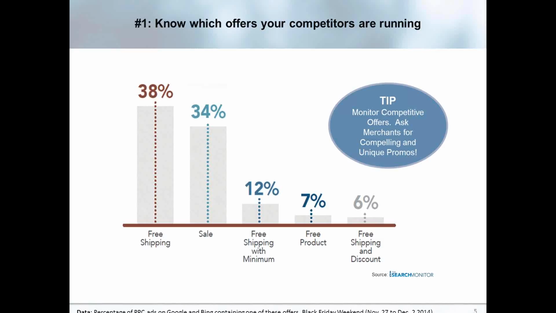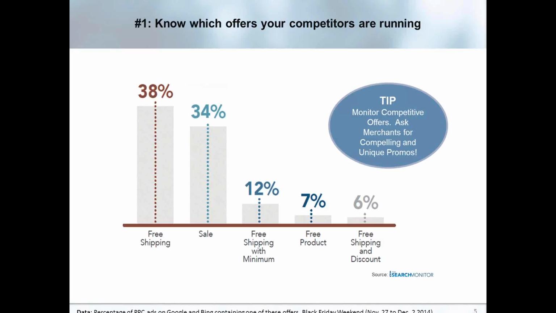So we're at the point, I think, now with web product advertising that free shipping is expected. If you go to a retailer and you try to buy something and you don't get some sort of a free shipping offer, it's a little disappointing. So that's probably something you need to have just to be normal these days. But to set yourself aside and be different, then you want to start offering some other things around the free shipping, like a promo code.